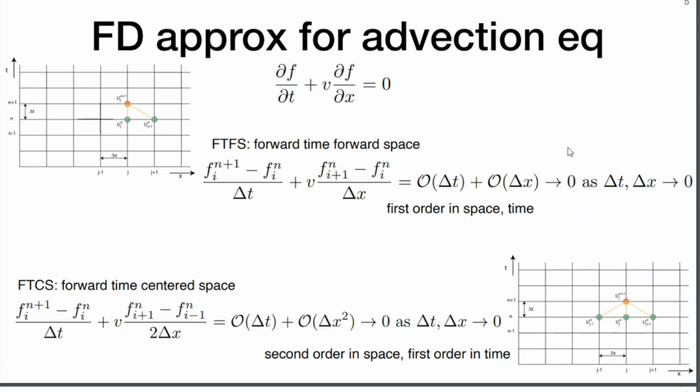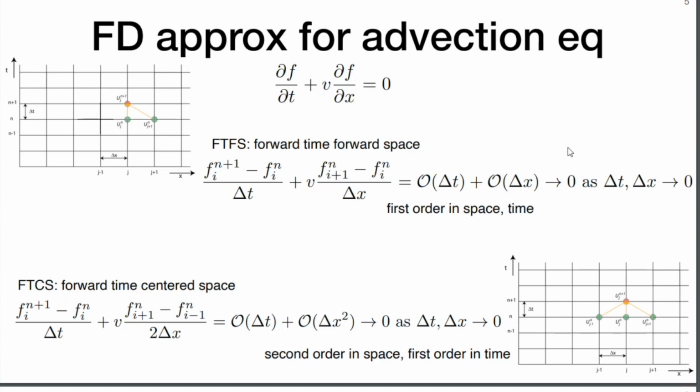This is forward in space approximation for dou f dou x, and you'll have a term of order delta t, delta x error in this expression. The good thing is, as you make delta t and delta x go to 0, the right hand side goes to 0. So that means this is a consistent formulation of the equation.